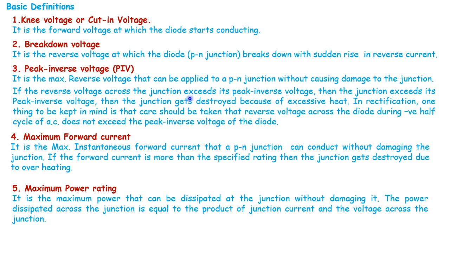If the reverse voltage across the PN junction exceeds the peak inverse voltage, then the junction gets destroyed because of excessive heat. In rectification, one thing to be kept in mind is that care should be taken that the reverse voltage across the diode during the negative half cycle of AC does not exceed the peak inverse voltage of the diode.